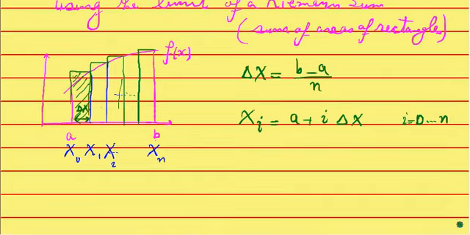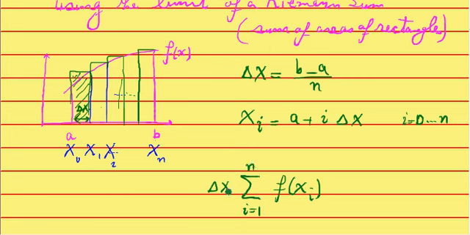What is the area? Area is going to be delta x times the sum of... delta x is the base. I have to multiply by these heights. If I use the right endpoint rule, first one is f of x1, next one is f of x2, last one is f of xn. So sum of f of xi, i ranging from 1 to the last point n.